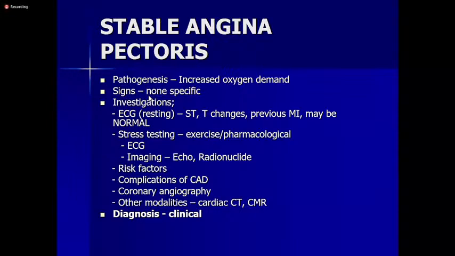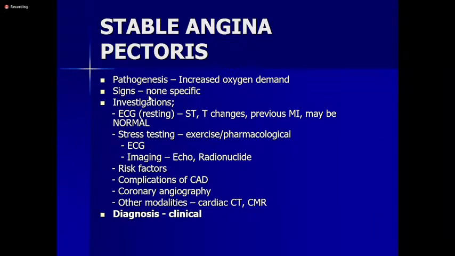So essentially, we exercise the patient to increase their oxygen demands so that we see if we can provoke, one, the symptoms and changes on ECG. So the exercise testing can be actual exercise, which is, we use either treadmill or a bicycle, but there are people who are unable to walk.